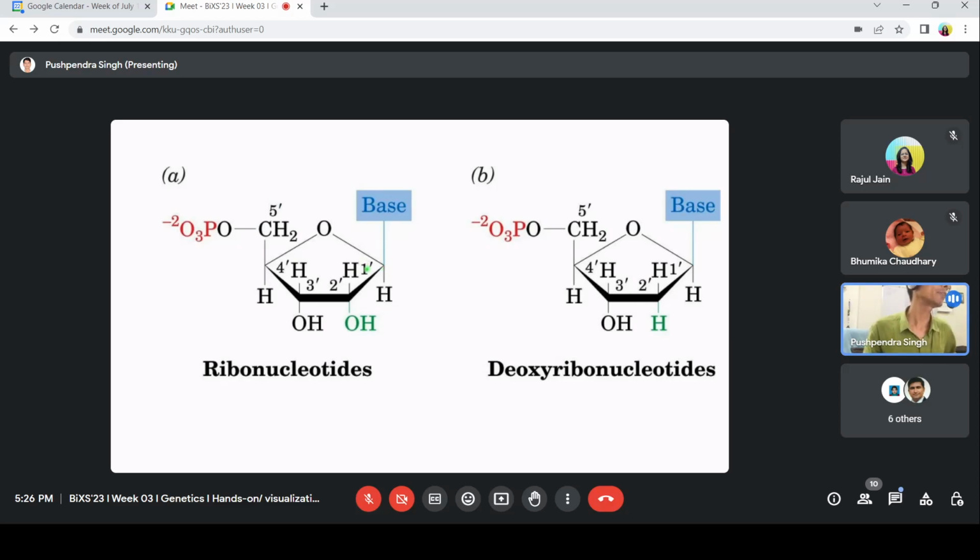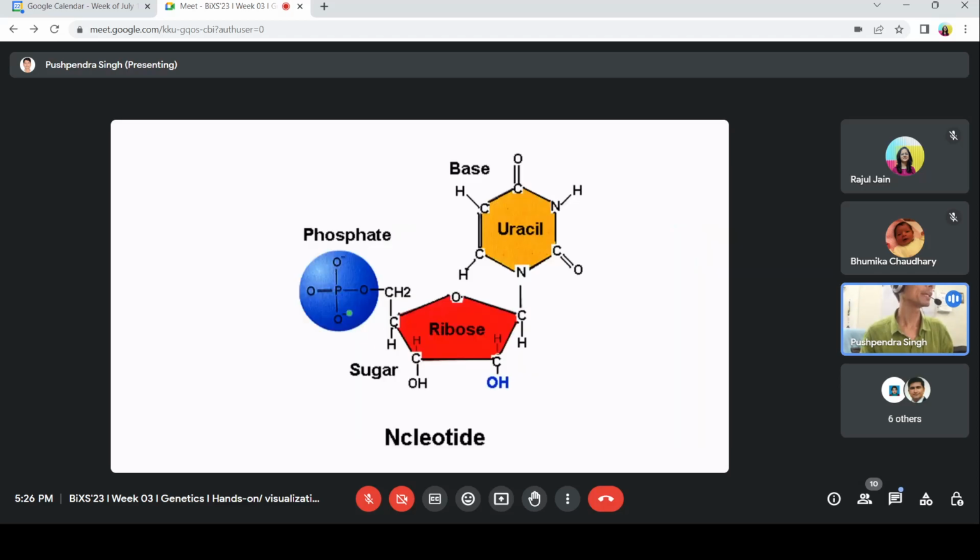This position is number one. And the second one is the OH group, or hydroxyl group. So in ribonucleic acid nucleotides, or in RNA, there is an OH group present on the second position of this ribose sugar. And the third position again contains another hydroxyl group. Then there is position number 4, and position number 5 contains a phosphate group, which is shown here. Now on position number 1 there is a nitrogenous base, and this is uracil.